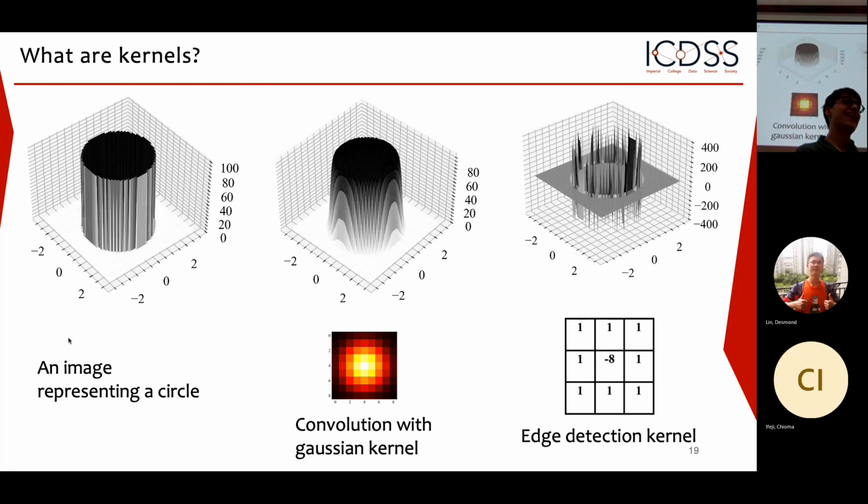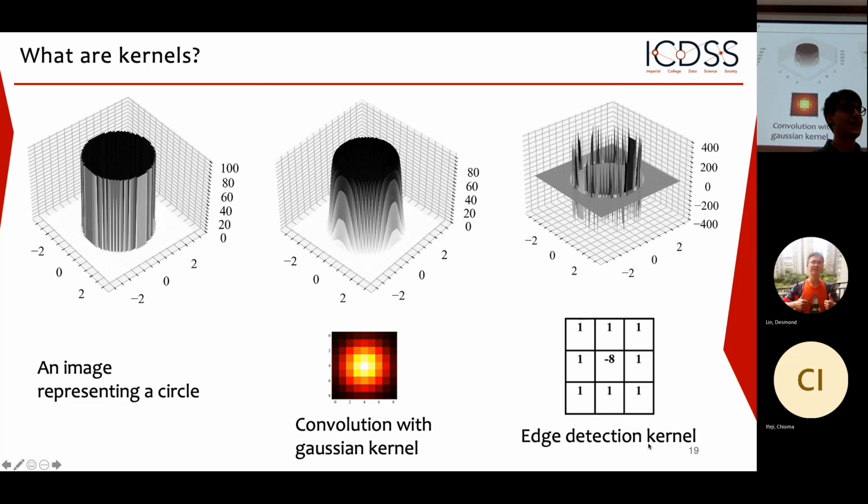When I slide this Gaussian over this circle, what I'm doing is basically spreading the pixels around. By doing this process, I transformed this image into this kind of hill. It's smoother: the change from white to black is less neat, and I have this gradual sliding down.